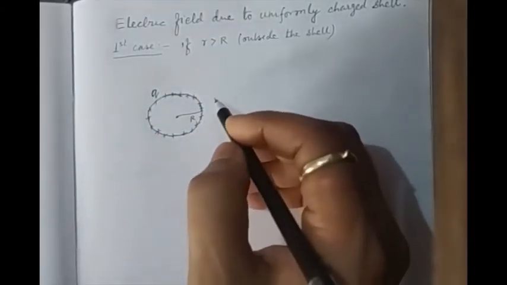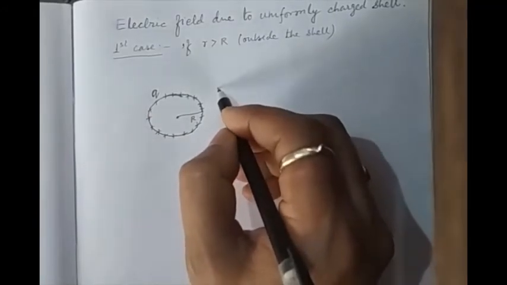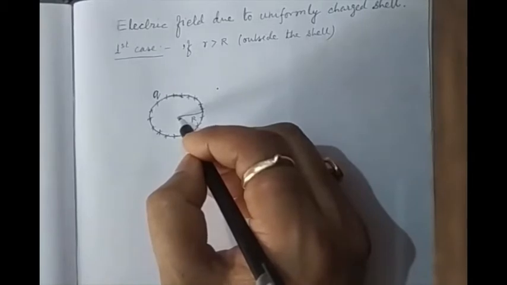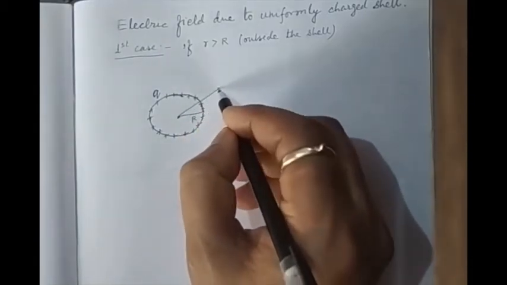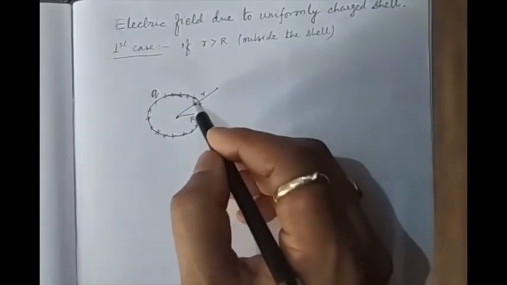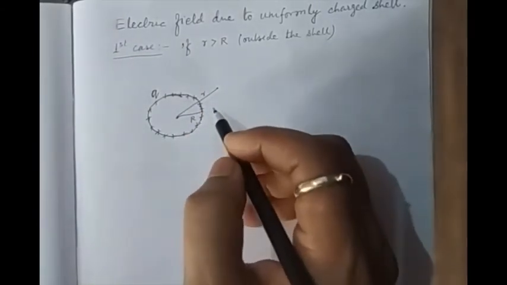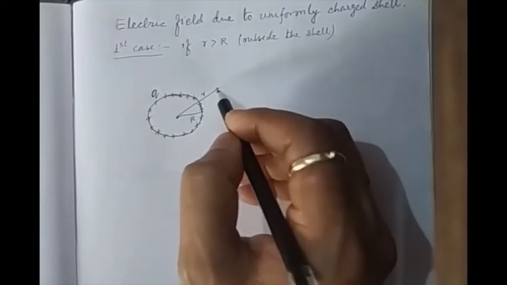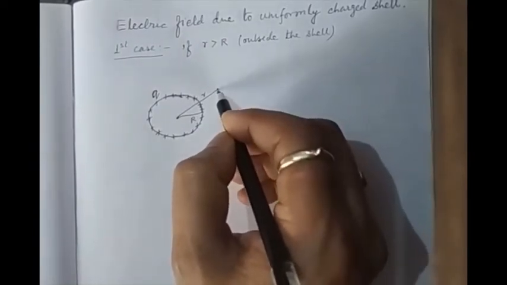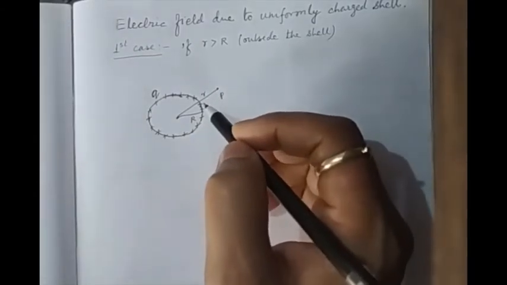There is a point P which is r distance from center of hollow sphere or cell, and P lies outside the hollow sphere or cell. We have to find the electric field intensity at point P using Gauss's law.